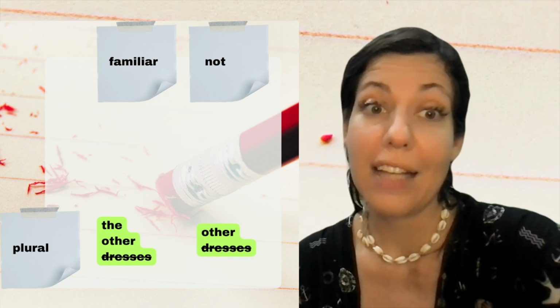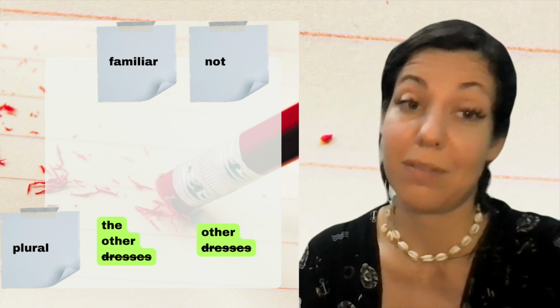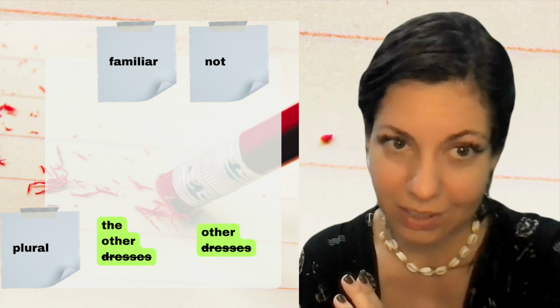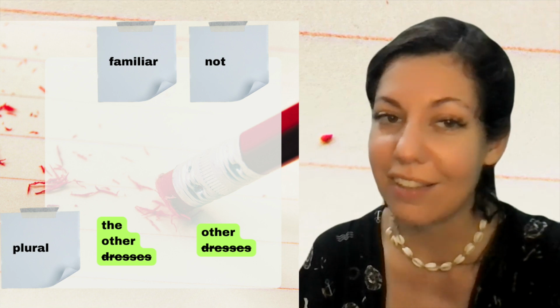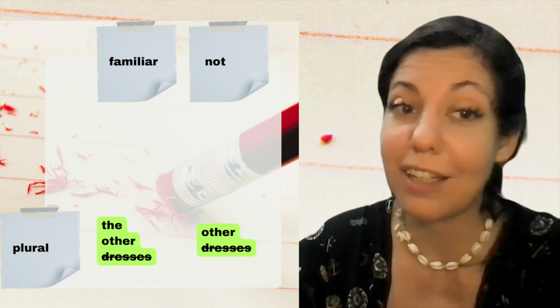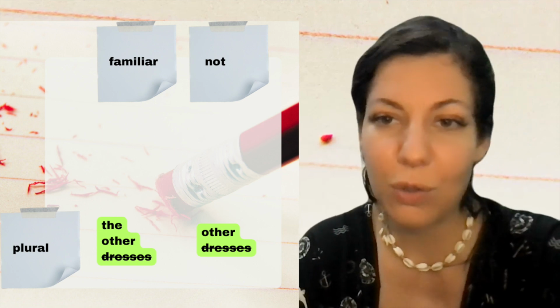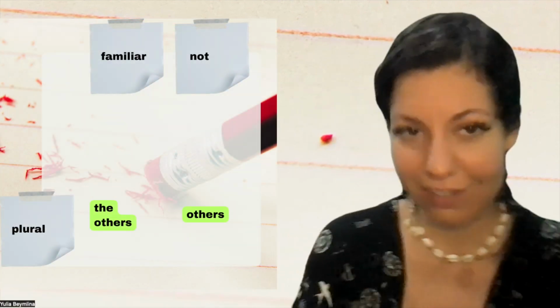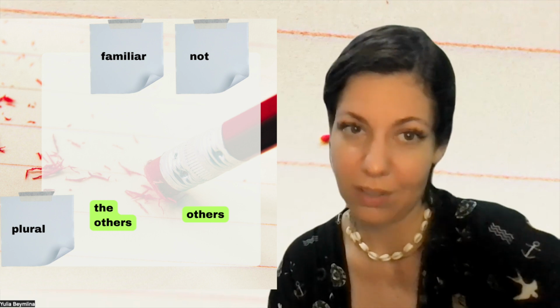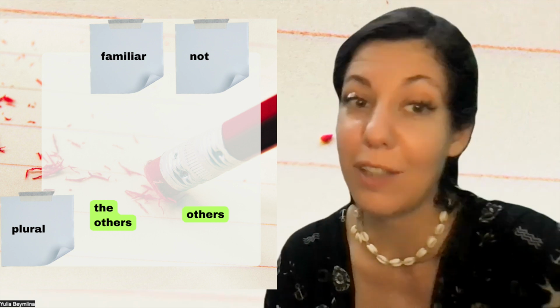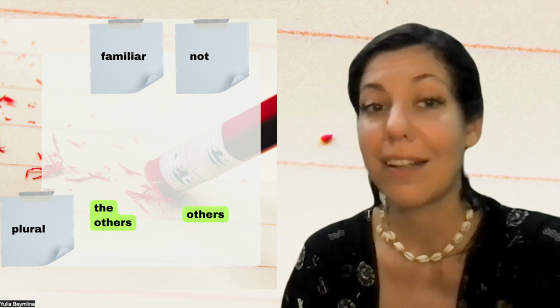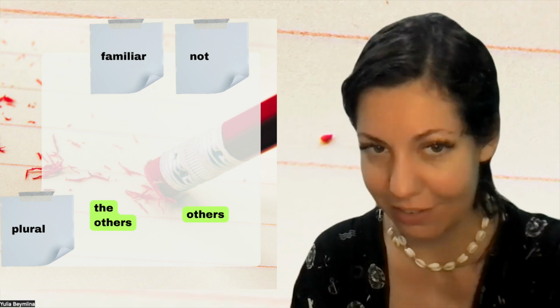And you don't need to add s at the end of it because you were speaking about singular nouns. But if you want to use other or the other without a noun that comes next, then you use others and the others. I want to see more dresses and I want to buy the others, if you know which specifically dresses you want to buy, the others.